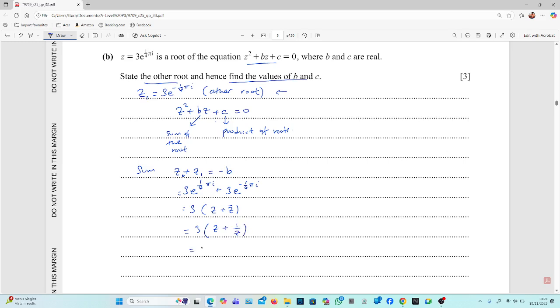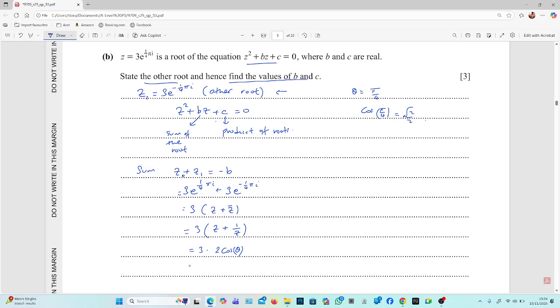And if we do so, remember z plus 1 over z is actually 2 cos theta. Now in our expression here we have theta as pi upon 4. So cos of pi upon 4 is equal to root 2 over 2.